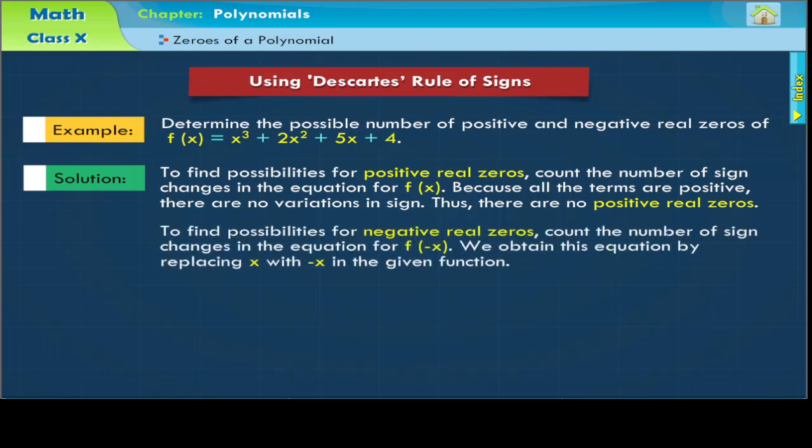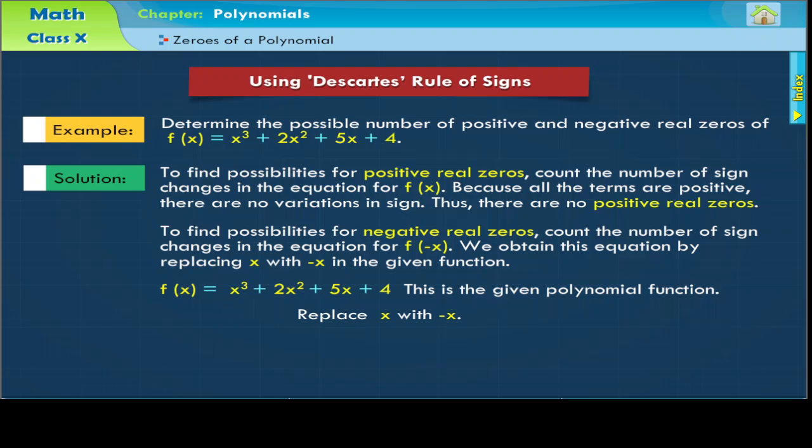To find possibilities for negative real zeros, count the number of sign changes in the equation for f of minus x. We obtain this equation by replacing x with minus x in the given function. If f of x is equal to x cubed plus 2x squared plus 5x plus 4, this is the given polynomial function. Replace x with minus x.